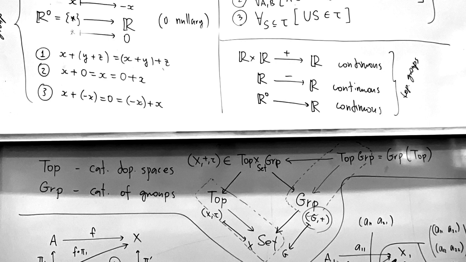So this pullback over the category of sets, in this pullback, objects that live there will indeed be of the form that we're interested in. So it will be a set equipped with topology, and then the same set equipped with a group structure.